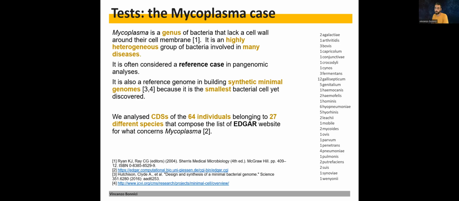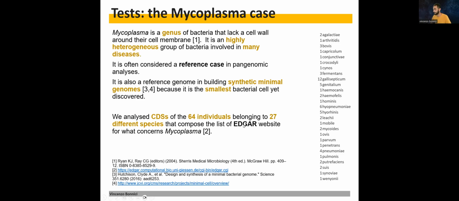So we analyzed the coding sequences of 64 individuals belonging to 27 different species. And this set composed the list of Mycoplasma isolates that were at that time present in the Edgar website.